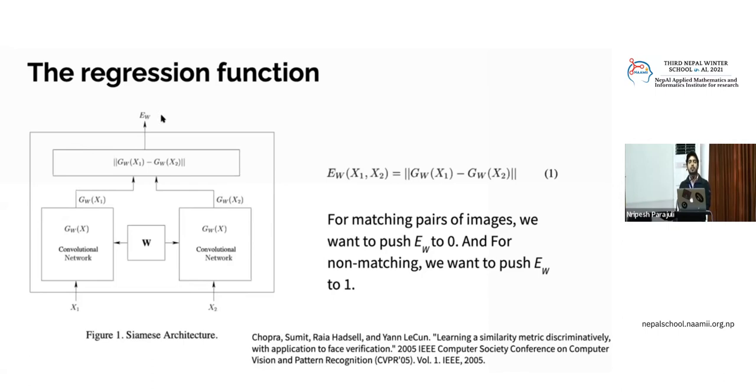Now, can somebody also imagine a scenario where we would not want this to be true, where this W would be different? It would be the same for some layers and different for others. Can anybody imagine such a scenario here? What should be true for the converse to be true?